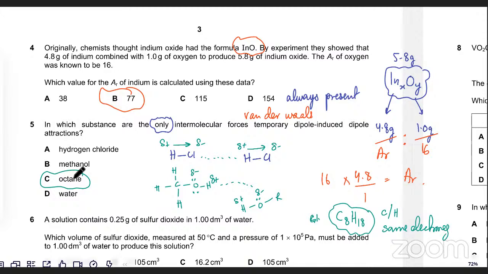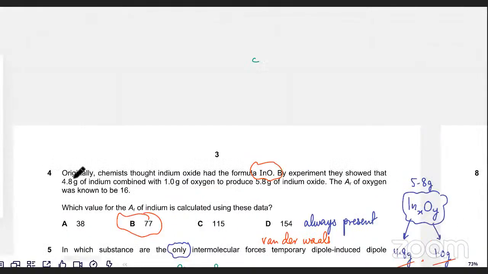So, which means that a carbon-hydrogen bond, like if I do a simpler molecule, octane is a much bigger molecule. The carbon and hydrogen atoms don't have any electronegativity difference. What that means is that the electrons are all evenly distributed around. So this side is not partial positive, this side is not partial negative.